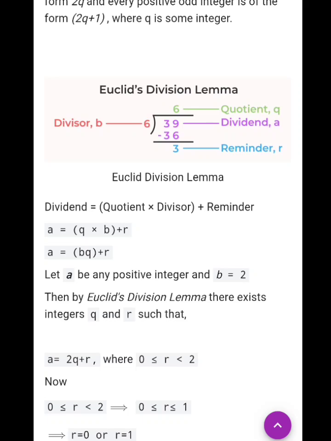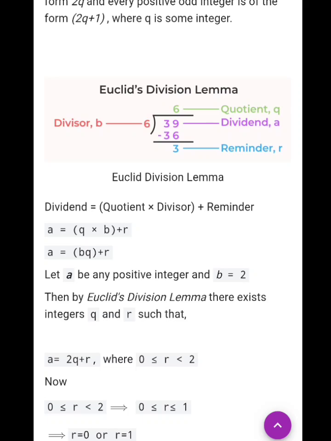Euclid's division lemma. What is it? Here you can see a dividend 39 is divided by a divisor b, which is equal to 6. If you divide 39 by 6, you will get a quotient of 6, because 6 times 6 is 36, which is less than 39.